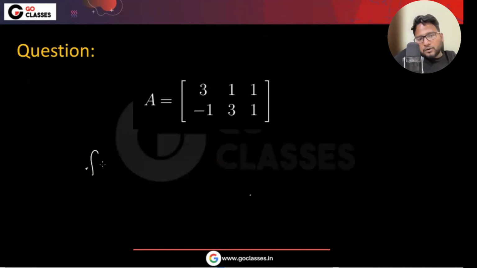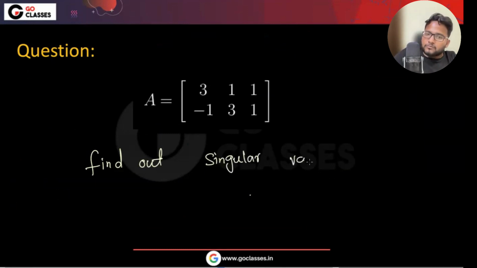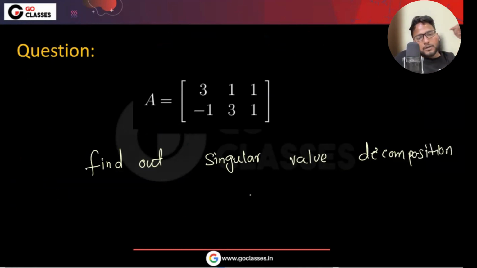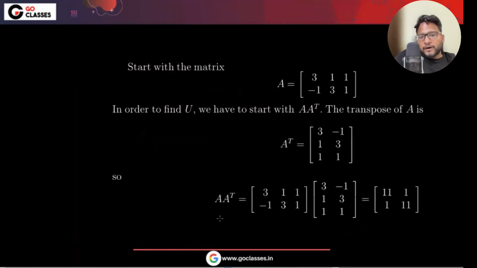So let's find out the singular value decomposition as an exercise of this particular question. What is the first step? The first step is to find out A A transpose and A transpose A, these two matrices.